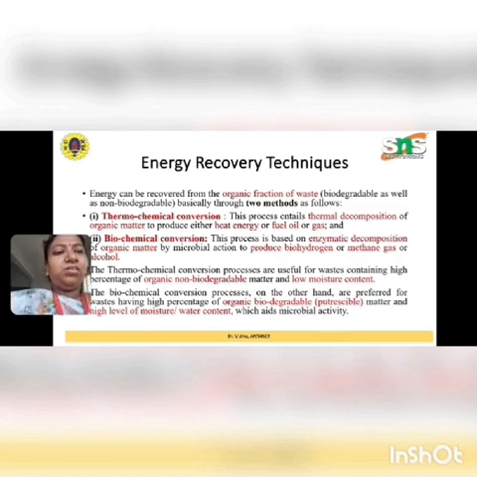Biochemical conversion is based on enzymatic decomposition of organic matter by microbial action to produce biohydrogen, biogas or alcohol. The thermochemical conversion processes are useful for waste containing a high percentage of organic and non-biodegradable matter and low moisture content. So we go for thermochemical conversion.